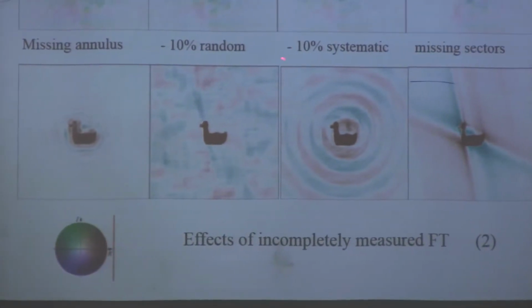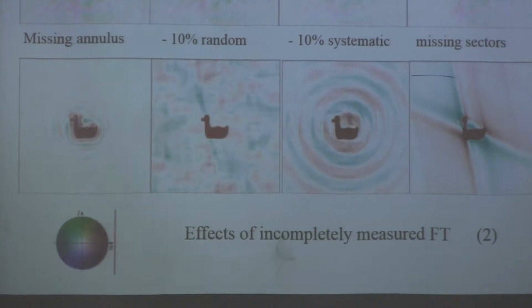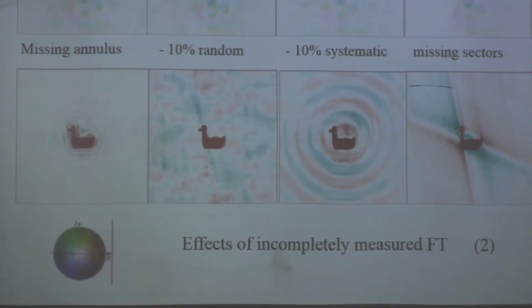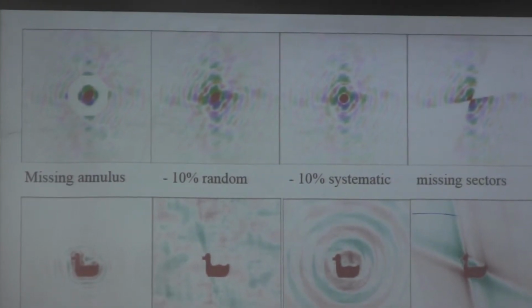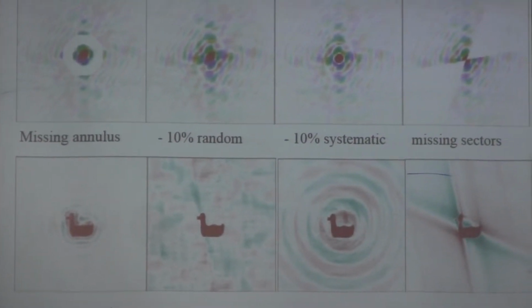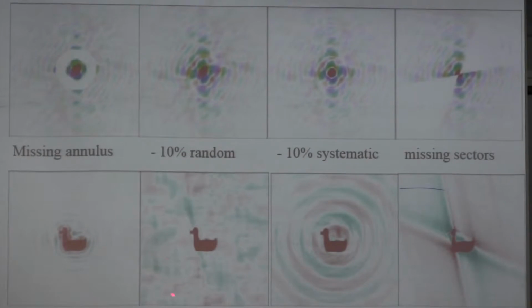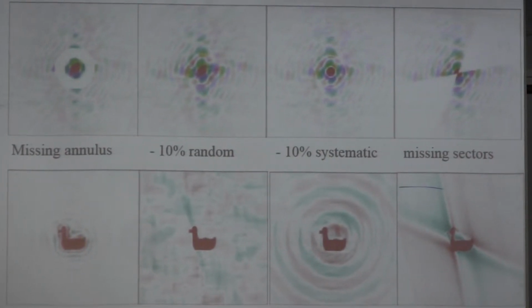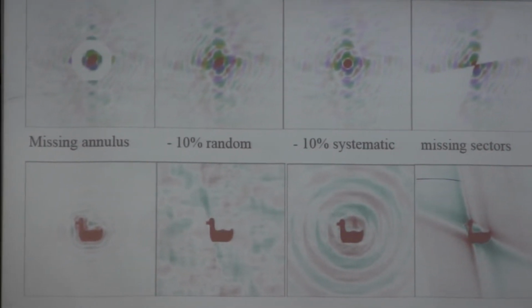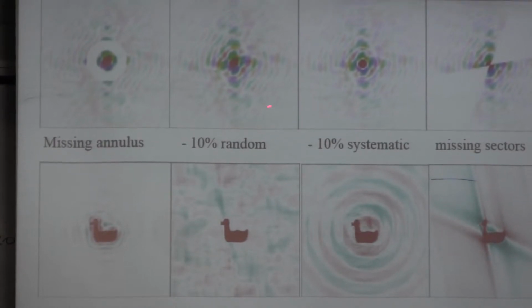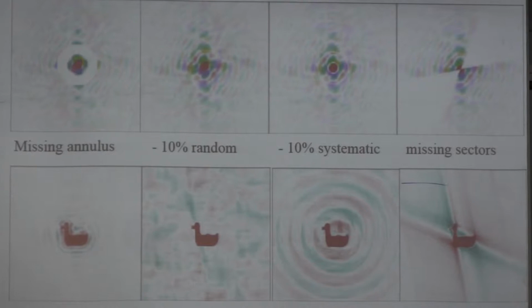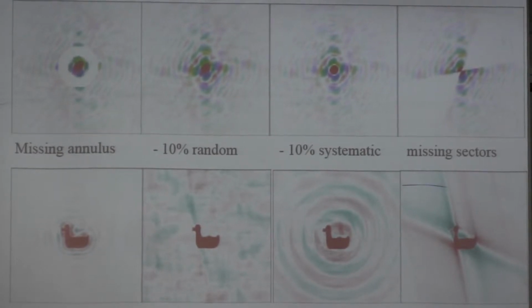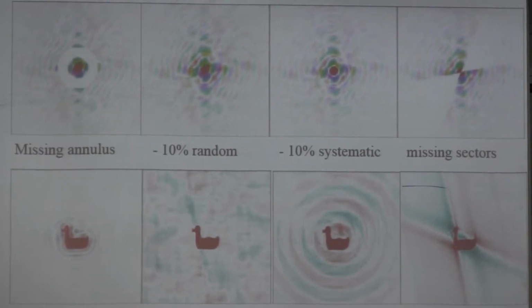If I do that systematically, I do that basically in rings. You can see that here a bit. So these points are missing, but sort of centered on the rings. Then the effect becomes much more regular. So the more regularity I make in my errors, and errors is not only making the wrong number in there, putting 0 in there because I didn't have the number is also an error.